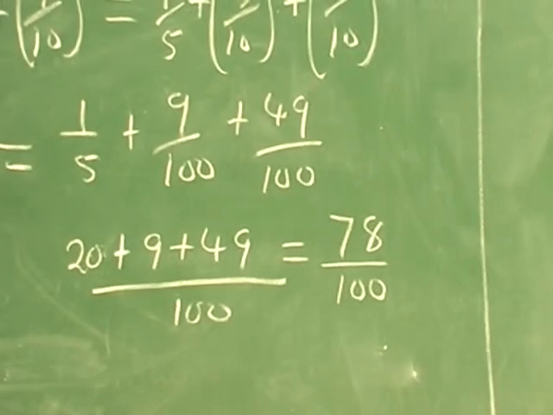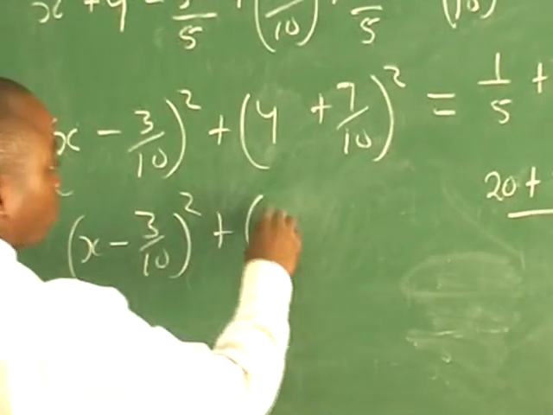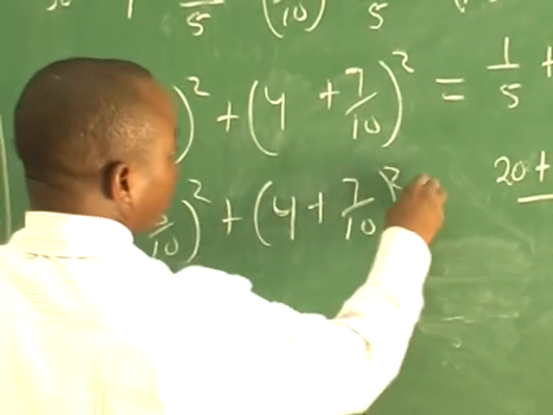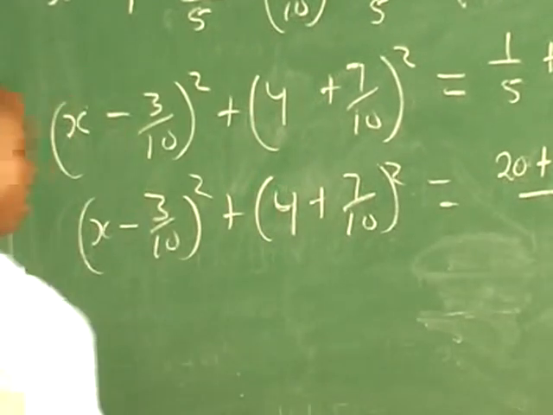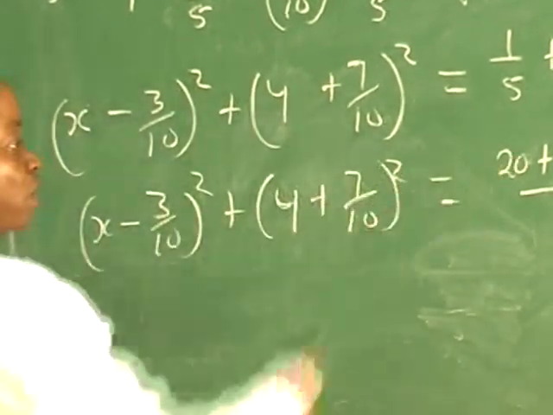Now that means (y plus 7) all over 10, squared, is equal to this, which is also equal to this. Now, for me to remove this, I have to square root the other side.